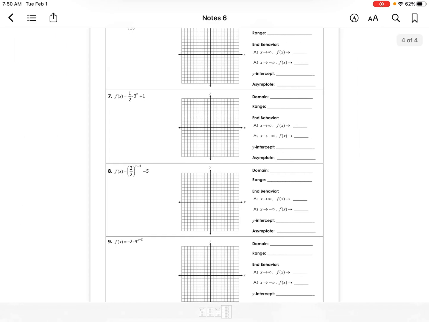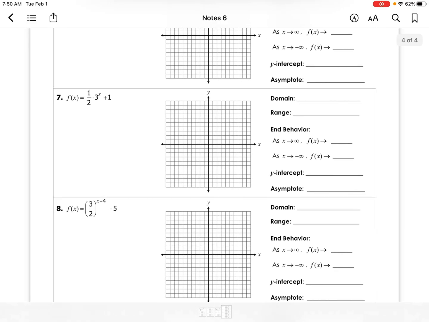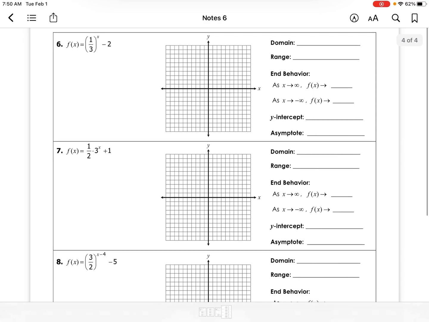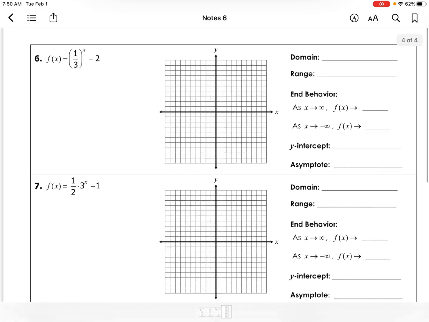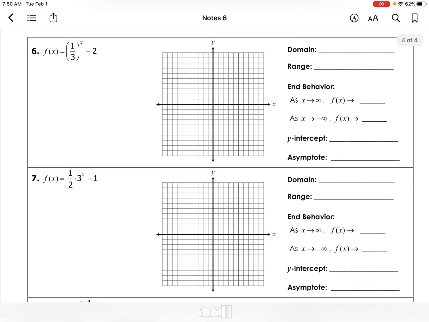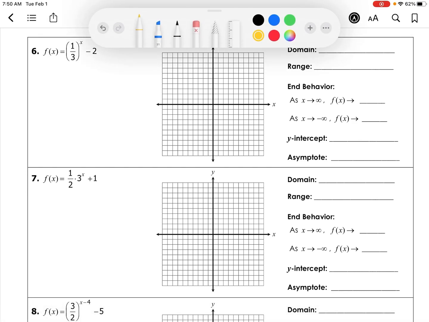Let's look at a tough one. Actually, let's start with a little easier one. Let's start with 6. So for number 6, we're going to first plot the parent function. Our parent function is just f of x equals 1/3 raised to the x.